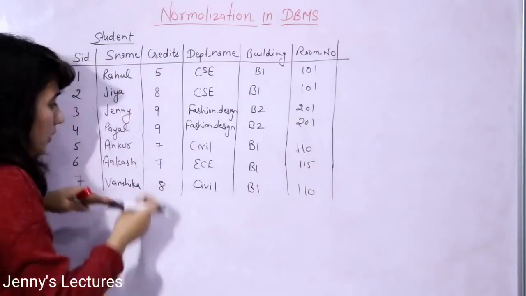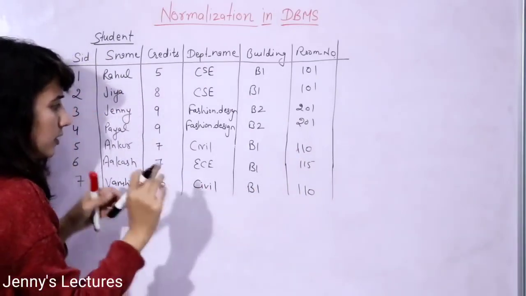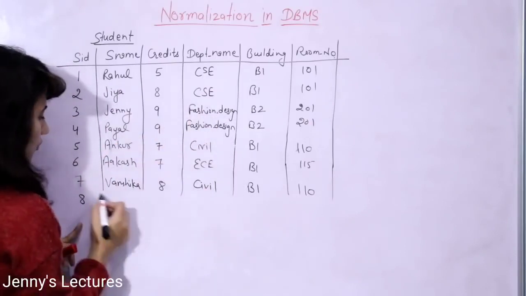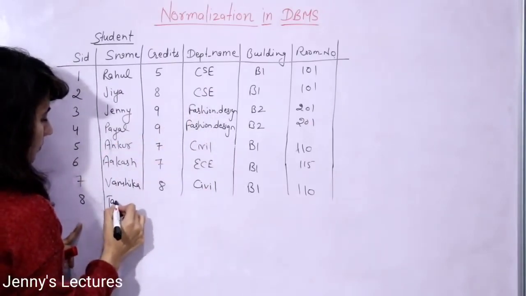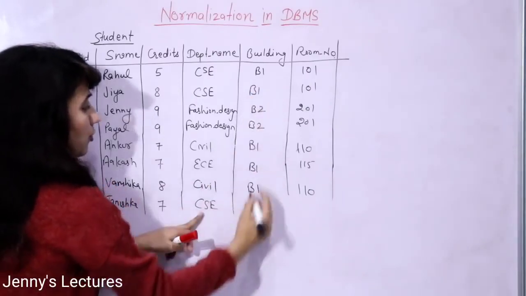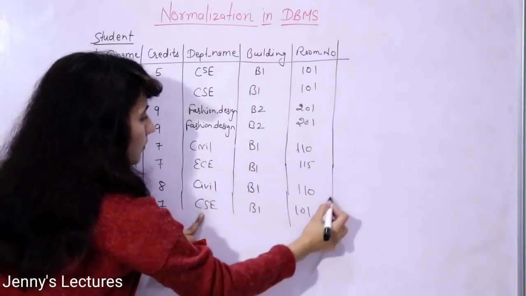Like this, if you will insert the student information, then you have to repeat this information again. Suppose again I am inserting a student and department of that student is CSC. Now again I have to repeat the building and the room number for this one.